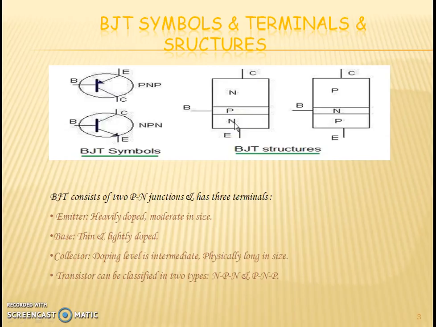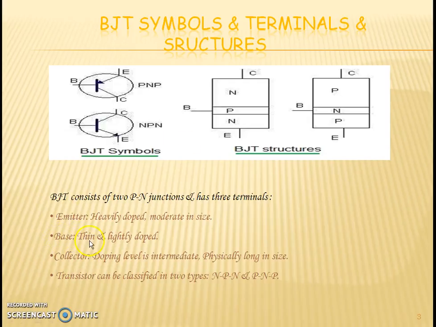The section on one side of the transistor that supplies a large number of majority carriers, in case of NPN transistors it is electrons, or in case of PNP transistors it is holes, is called the emitter. Since the emitter supplies or injects a large amount of majority carriers into the base, it is heavily doped but moderate in size, and it is always forward biased with respect to the base.